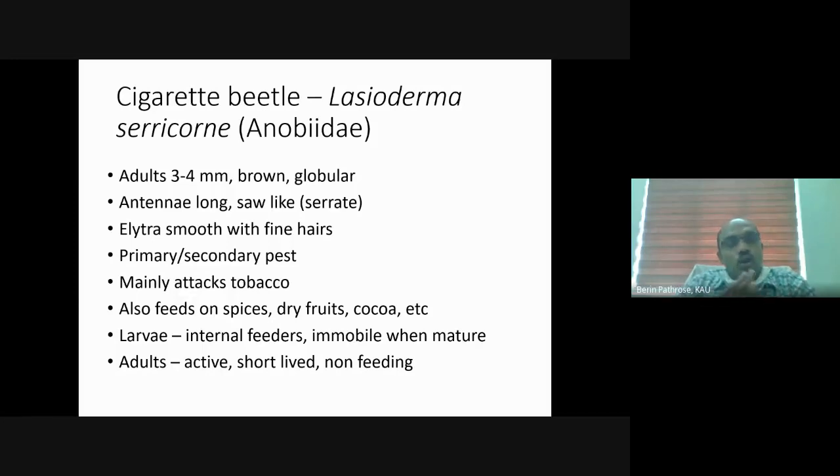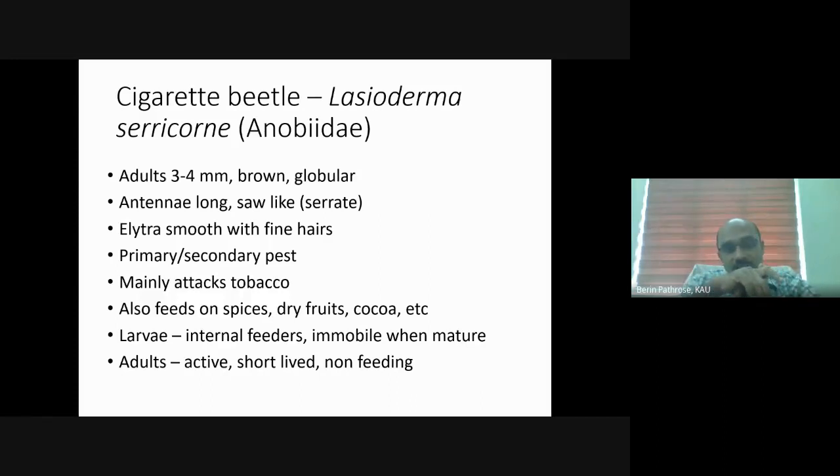I will try to show all the pictures so you can understand how the insect looks. And the second thing is, invariably you should study whether it is an internal feeder or an external feeder. And next, which crops it damages.